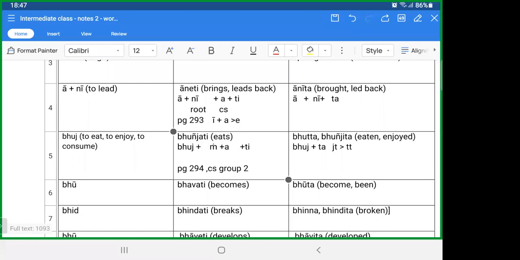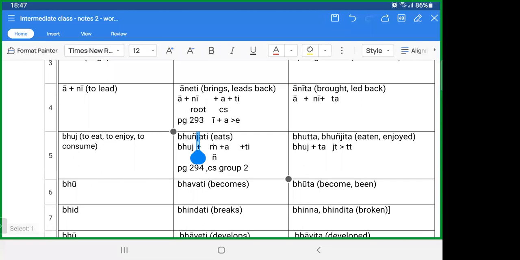Okay. Why did it change to nya? The reason is the J group, all right? If you remember the J group, there is Ja, Jha, Ka, Cha, Cha, Ja, Nya, all right? Under the J group, Cha, Cha, Nya. So it changed to Ja here, Nya here. And then this Nya just goes inside between the J here, all right?